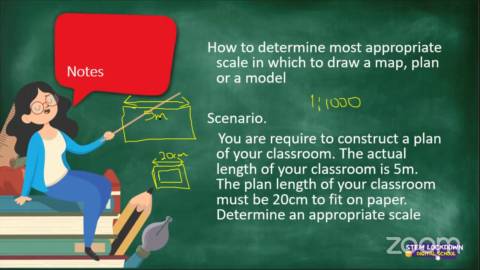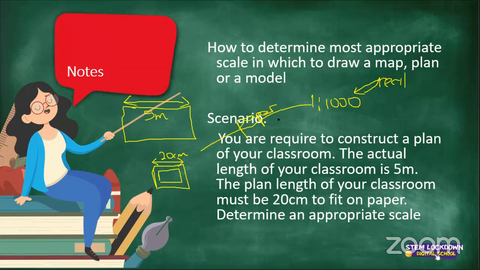Determine the appropriate scale. So in this case, you need to align your values. Remember, the first part of the ratio scale represents the paper distance, and the second portion of your ratio represents the real distance, right?